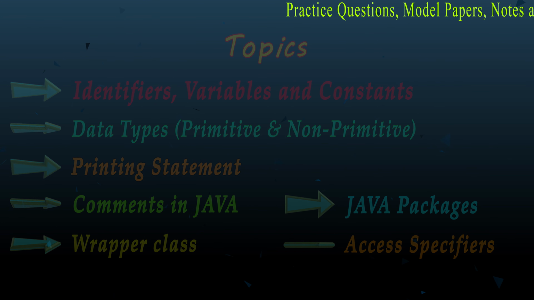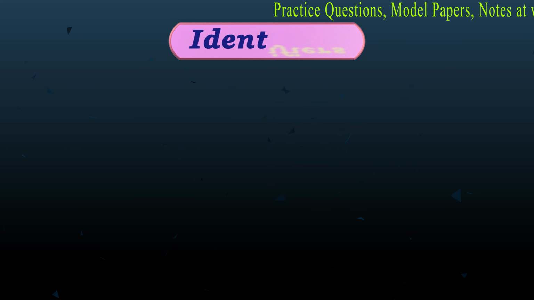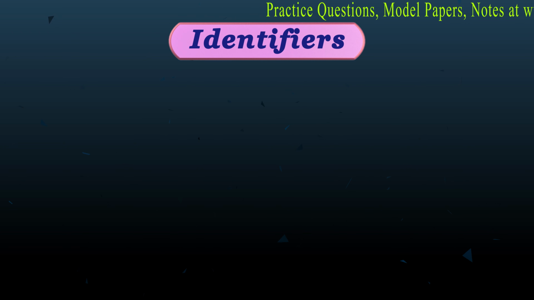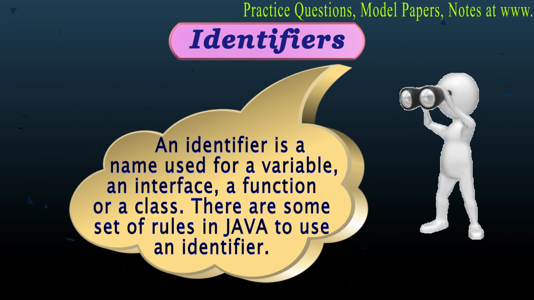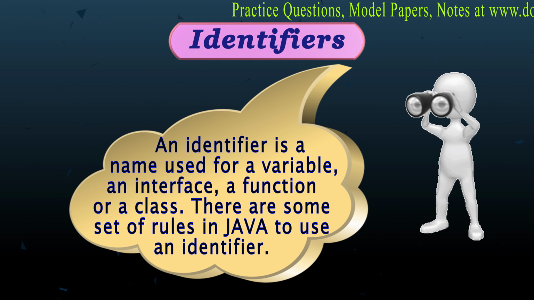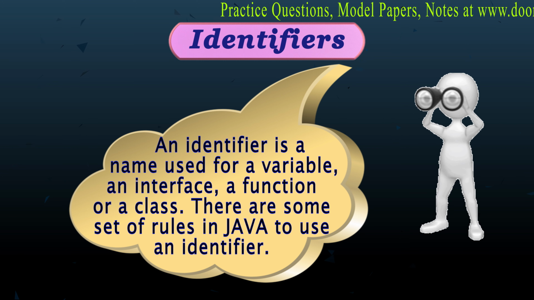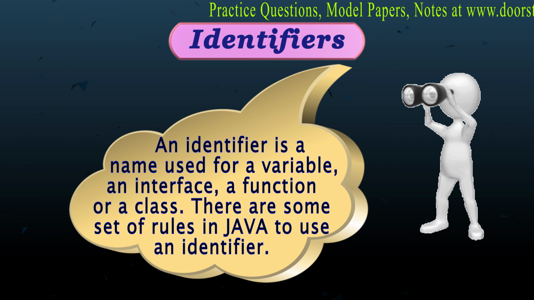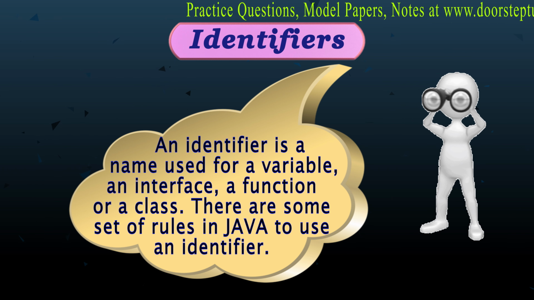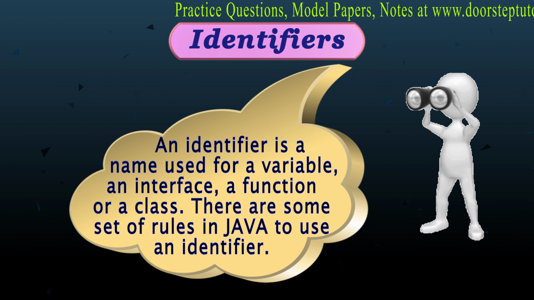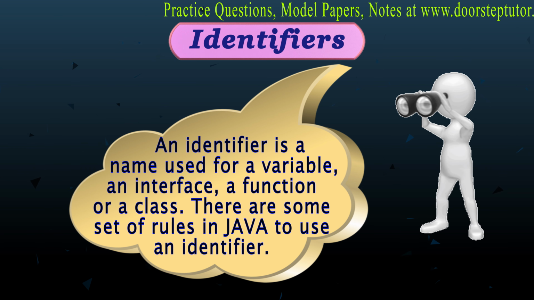So let's move to our first slide. What are identifiers? Basically, identifiers are the names which are used to identify any variable. It can be used for a variable, a function or a class or anything. And the most important thing is that an identifier must be very meaningful.